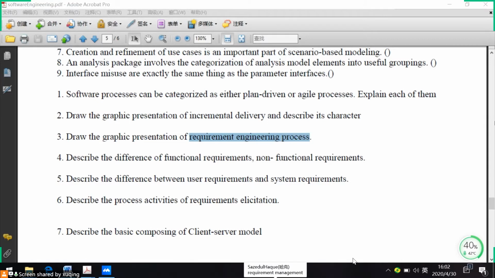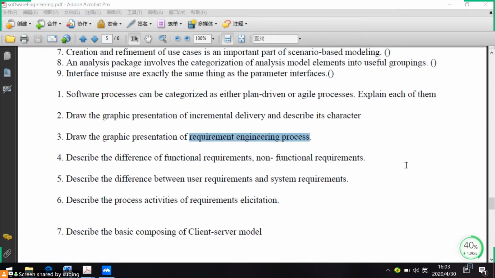What else? Requirements management. This one and other things. Oh yes, elicitation and analysis. Yes, requirements elicitation and analysis.